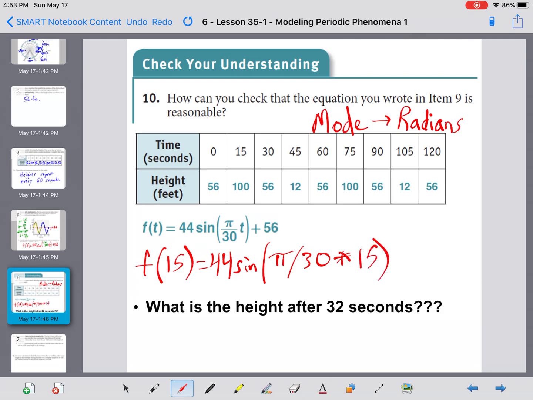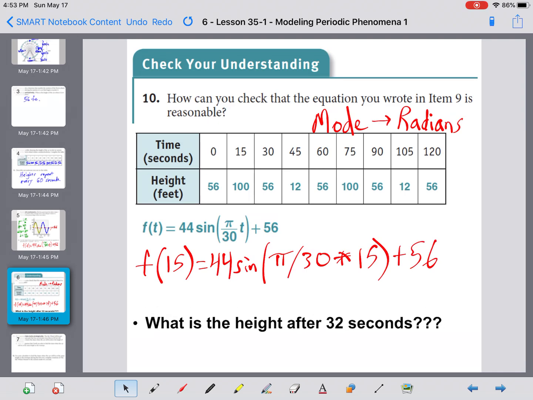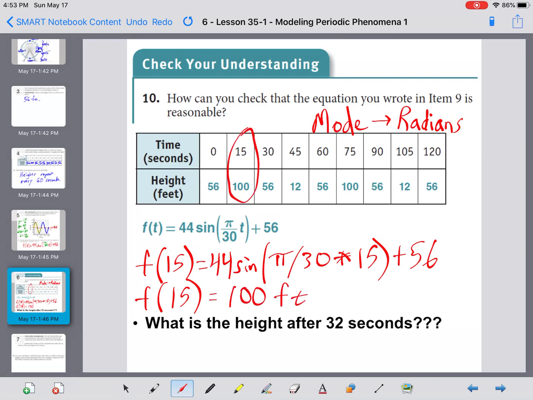Now you want to multiply that by 15 and then add 56. So if you type in that right side, just how you see it, what you should see is right here, 100 feet. Now you could have plugged in any of the x values there, but I chose to plug in 15 to check to see if it was 100.